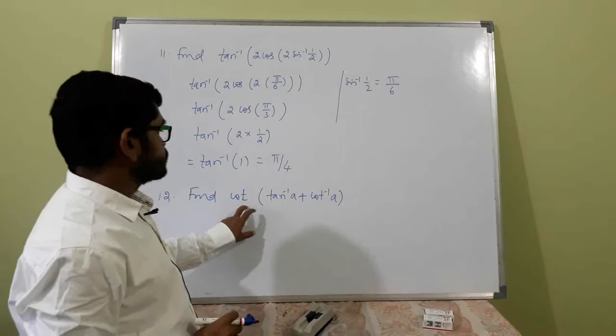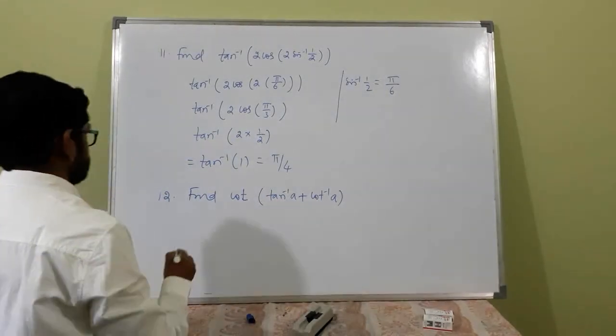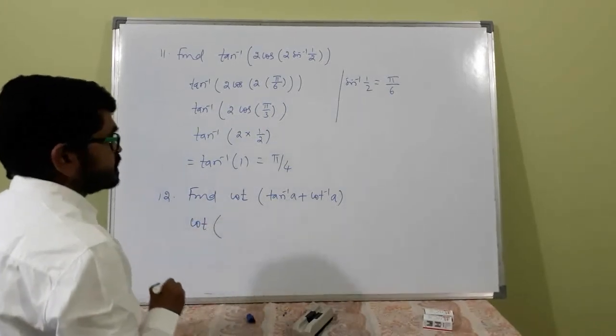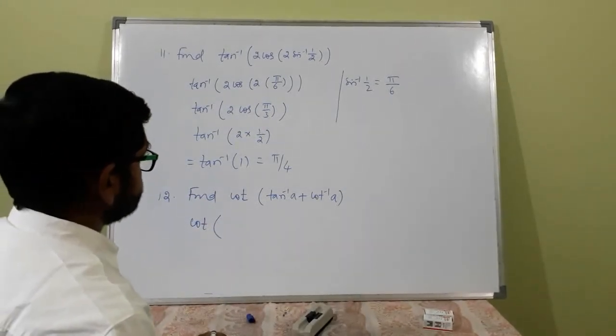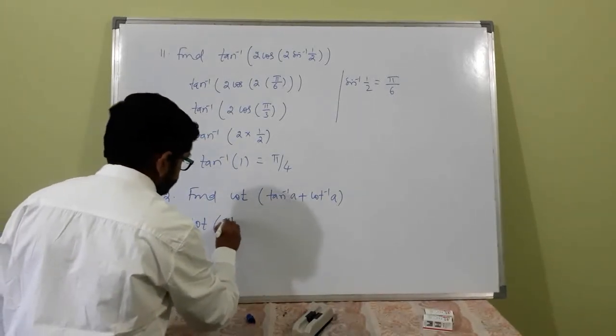Find cot of tan inverse A plus cot inverse A. Cot of tan inverse A plus cot inverse A means this is 5 by 2.